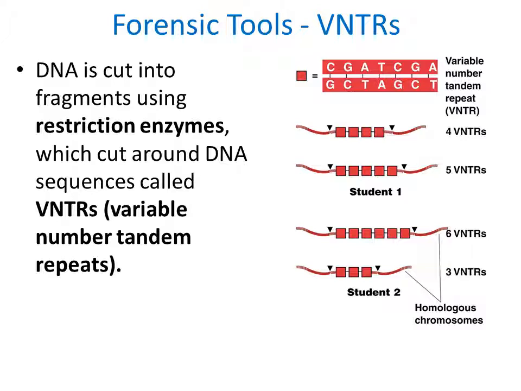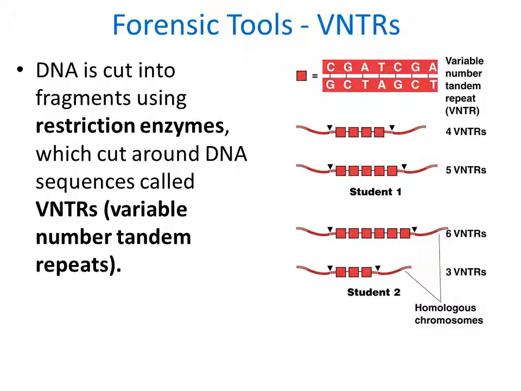So chromosome 1 from mom, this student has 4 copies of that repeat. And on chromosome 1 from dad, the student has 5 copies of the repeat. Whereas for student 2, on chromosome 1 from mom, for instance, they have 6 copies of this repeat, whereas on chromosome 1 from dad, they have 3 copies of the repeat.